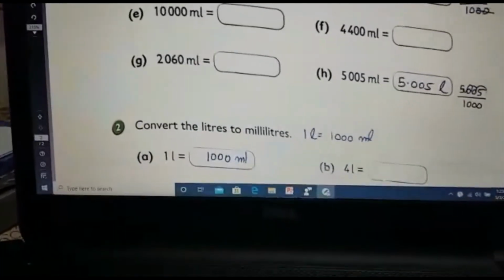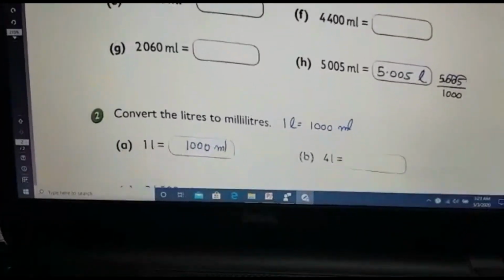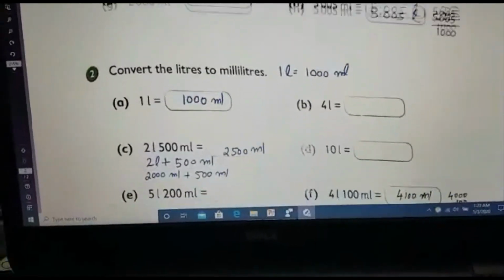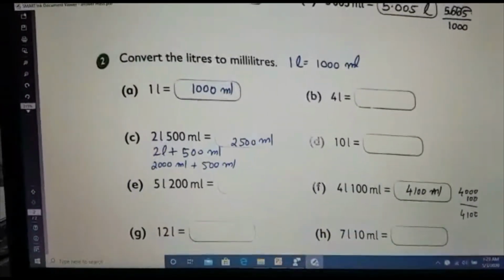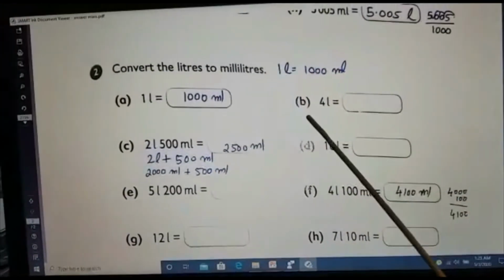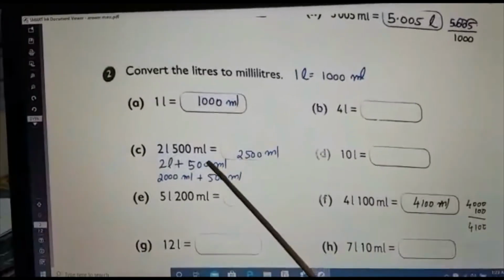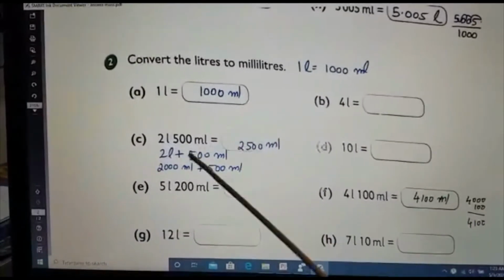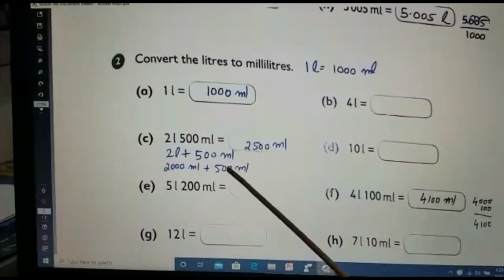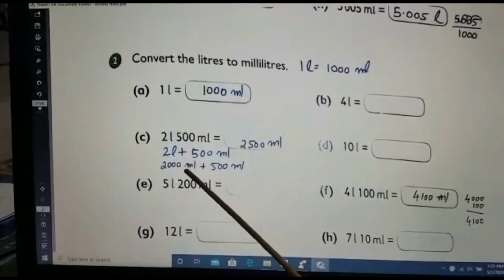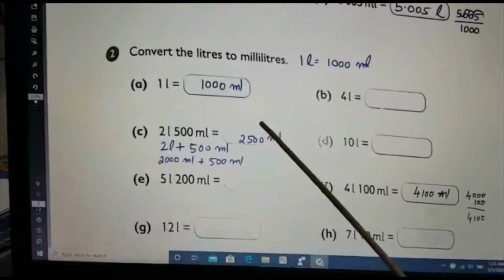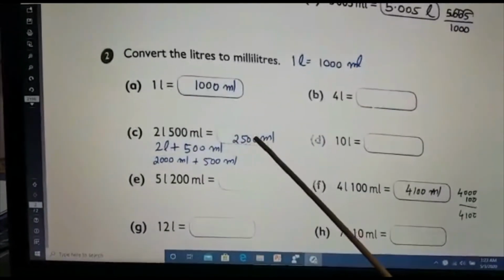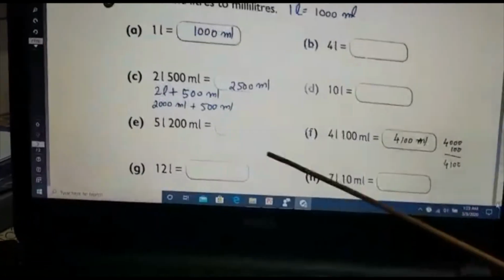Okay. So the next one is conversion of liter to milliliter. That also you know, multiply by 1000. 1 liter is 1000 milliliter. So 2 liter 500 milliliter is 2 liter plus 500 milliliter. This is already in milliliter, so I am not changing. 2 liter means 2000 milliliter plus 500 milliliter. So what's the answer? 2500 milliliter. Same way we can do all the questions.